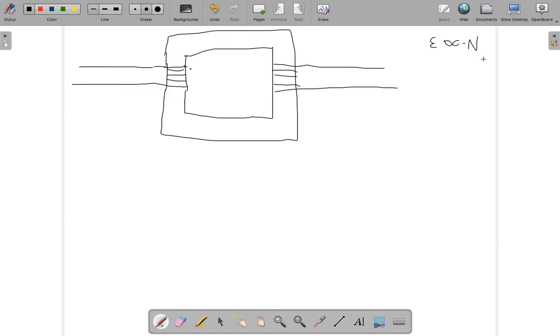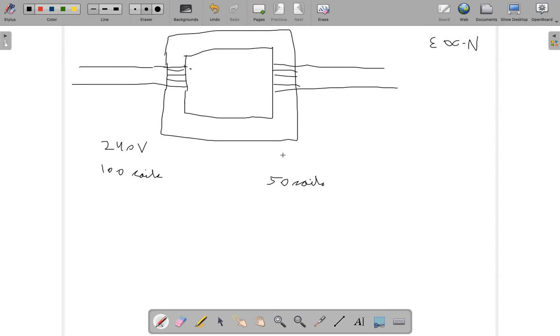the number of coils. So by making use of this proportionality, we can actually change the voltage that's being carried. So let's say we initially had 240 volts over here, and we had 100 coils. And let's say over here we have 50 coils.